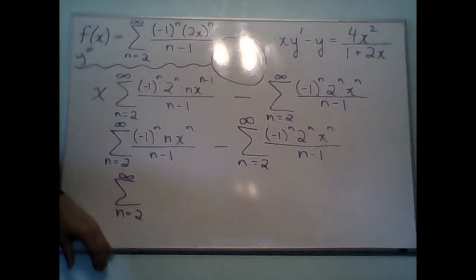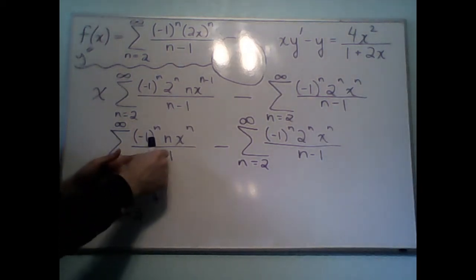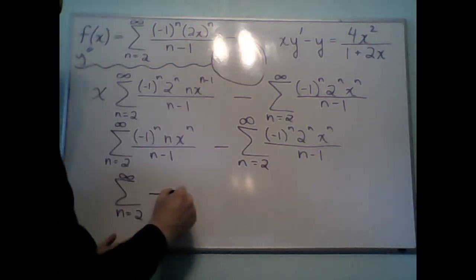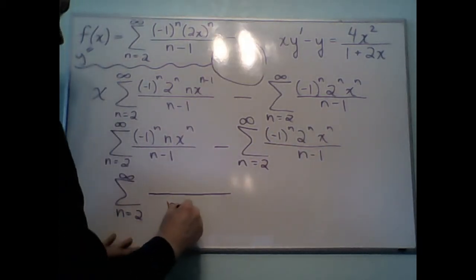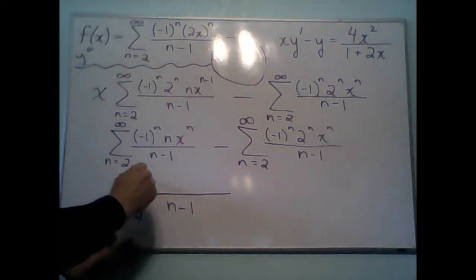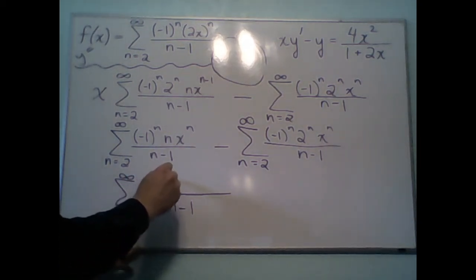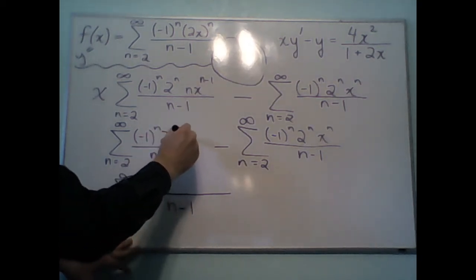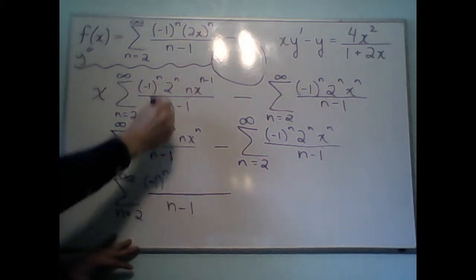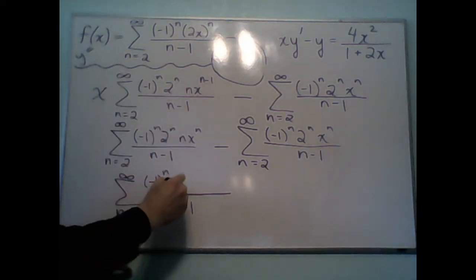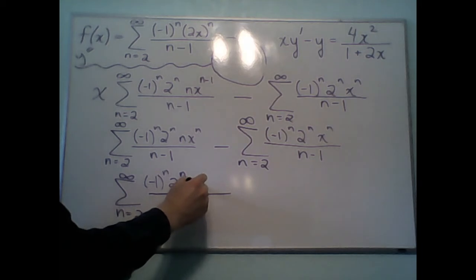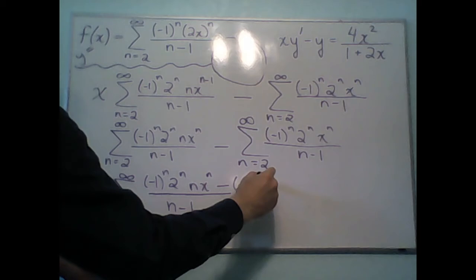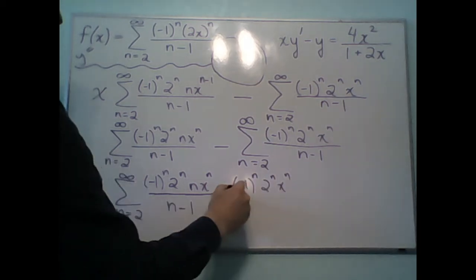And if I do, I'm subtracting two fractions, and the denominators match, so I'm just going to subtract across the top. Negative 1 to the n. I lost a 2 to the n here, guys. Let me fix that. 2 to the n and x to the n should have been right there. Negative 1 to the n, 2 to the n, x to the n, minus negative 1 to the n, 2 to the n, x to the n.